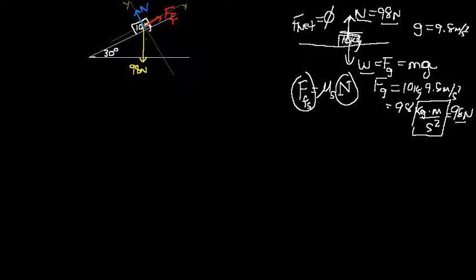We need to know what this angle over here is, and I'm going to tell you ahead of time that this angle right in here is 30 degrees. The reason for it, I can show you carefully here. This is a right angle right there.